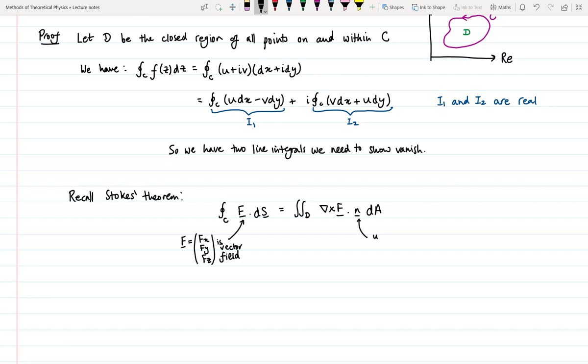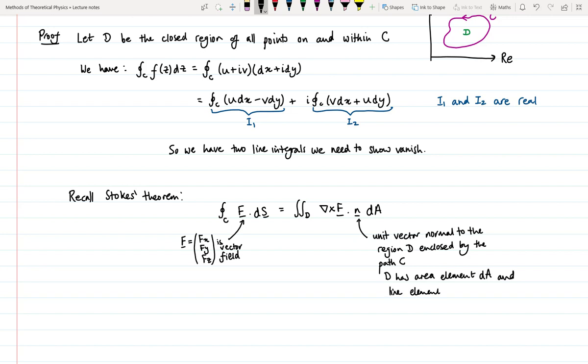Here n is a unit vector, normal to the region D, enclosed by the path C, and D has area element dA and line element ds.